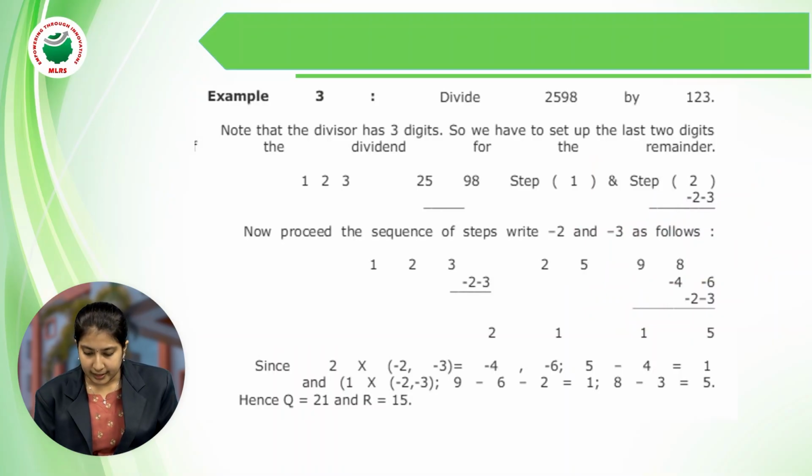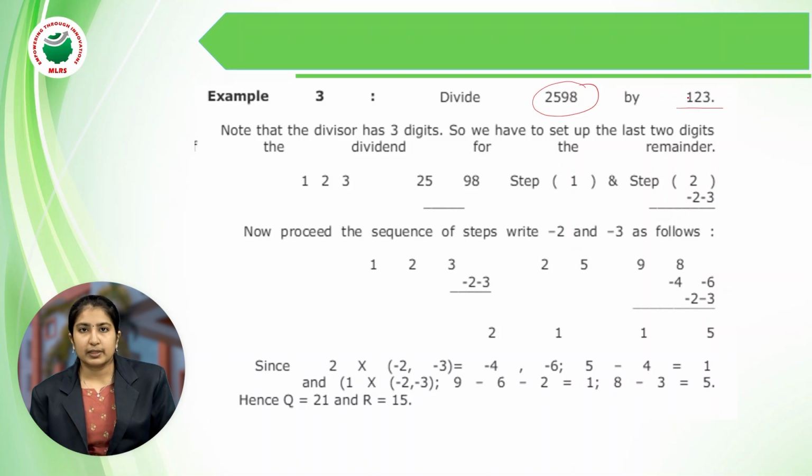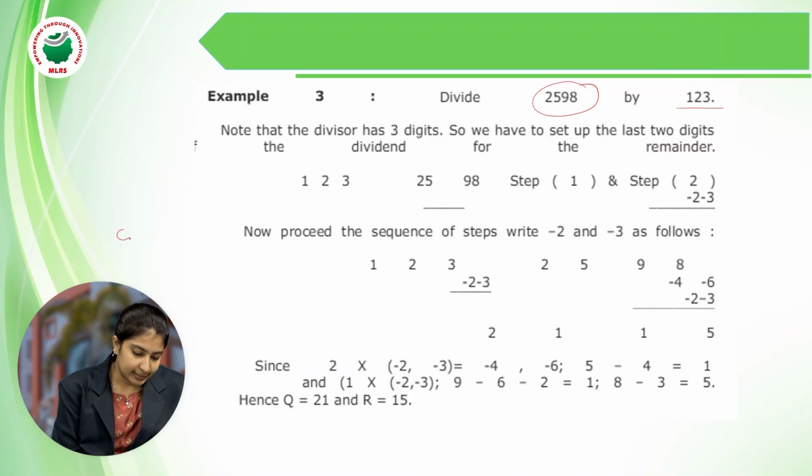And this is another example of dividing 2598 by 123. See, here the steps are also given. Since we have a 3-digit number here, we take -2, -3, leaving the hundreds digit. Which means you have to leave one digit from the start of the number. For example, in 23, this is the tens place and this is the ones place.